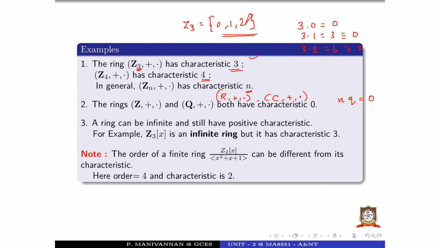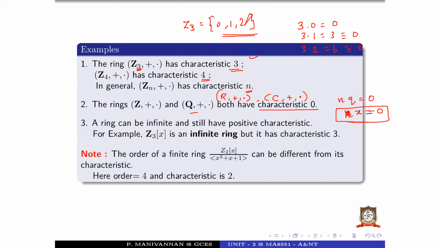There is no such integer in any of these sets satisfying this condition. Therefore, the given rings have characteristic 0.